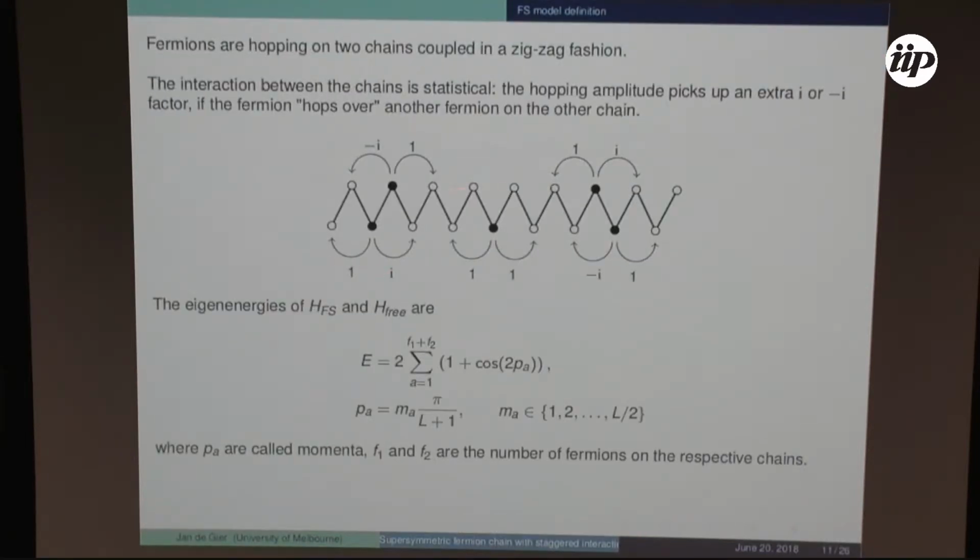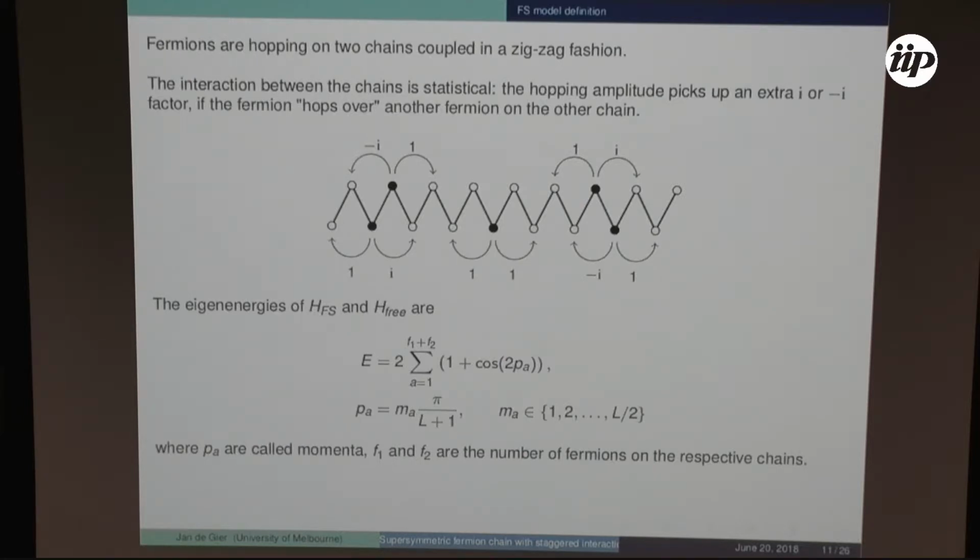And actually, this model on a system with open boundaries, so here you look at open boundaries where you fix the first site to be empty, it turns out this model is integrable. So, of course, the XX chains are integrable by themselves, but even with this sort of marginal coupling, they remain integrable, and you can write down the energies, and it turns out to be a free fermionic spectrum.